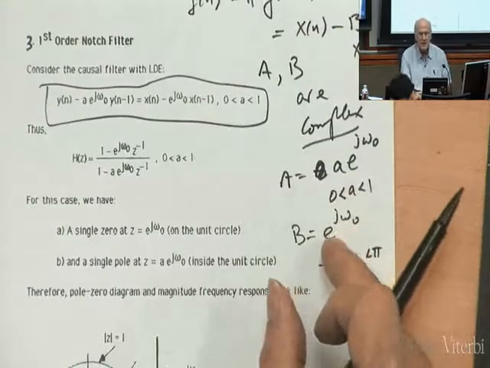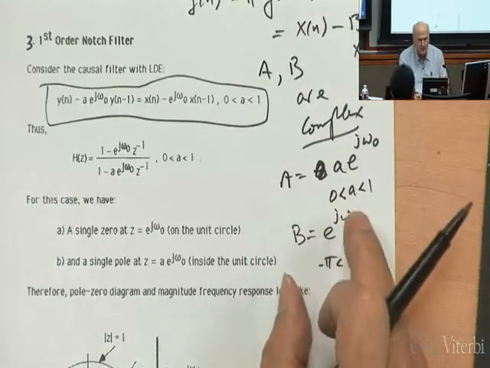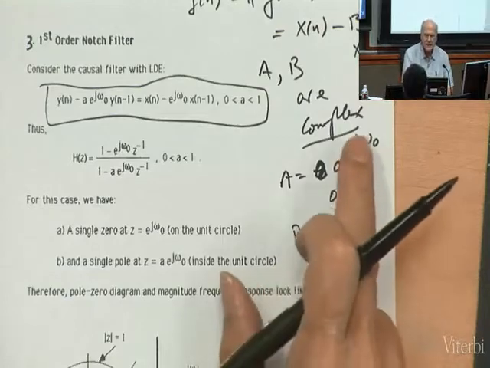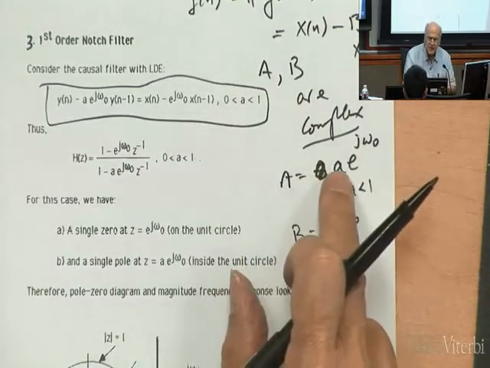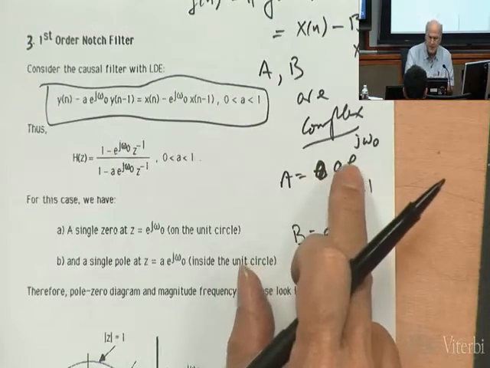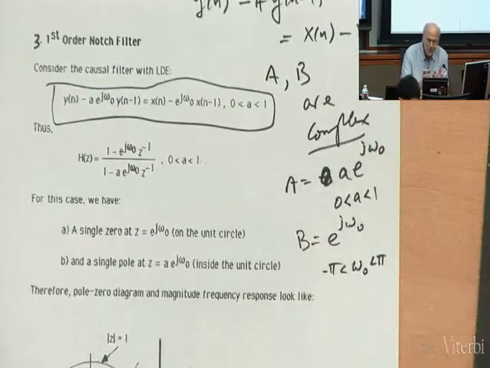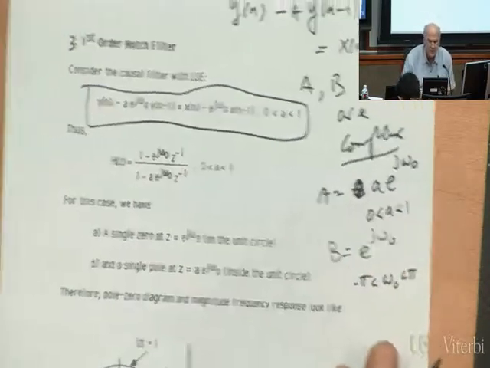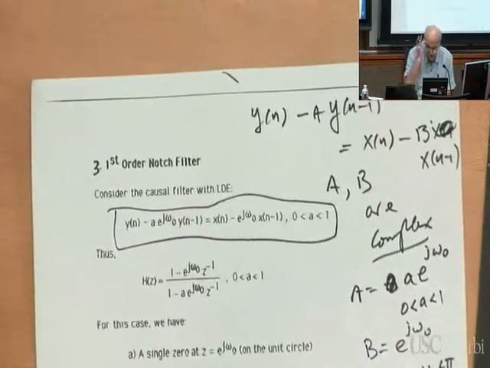In other words, this point, e to the j omega naught, is right on the unit circle. This a value is a e to the j omega naught. Its complex magnitude is little a, and since little a is between 0 and 1, it's a little bit off the unit circle, depending on the value of little a. So let's see what the Z transform of this filter looks like.